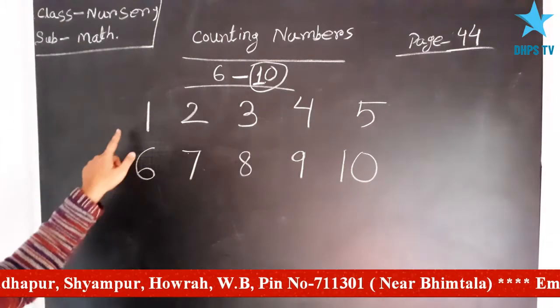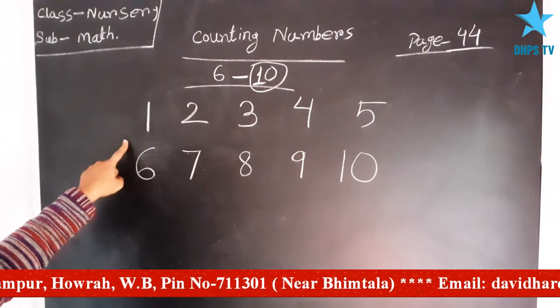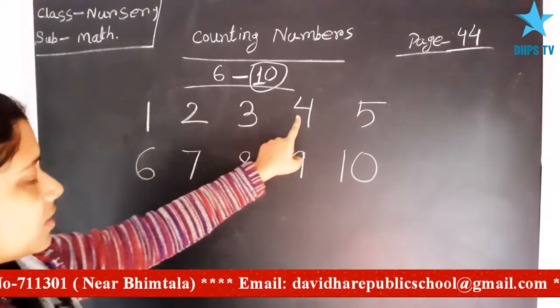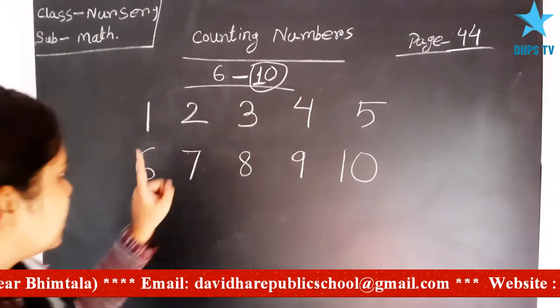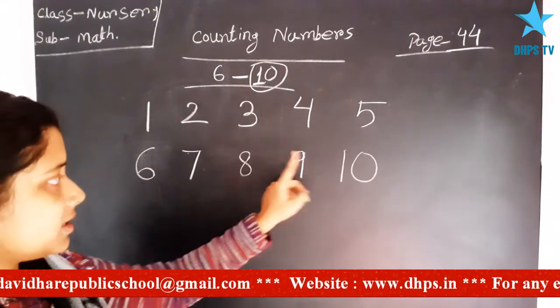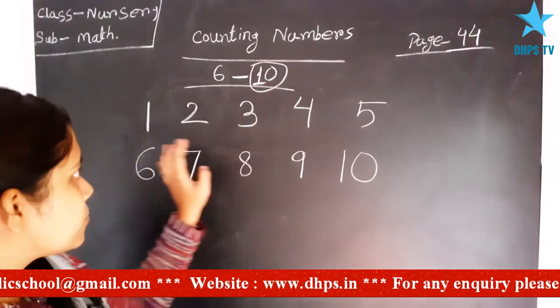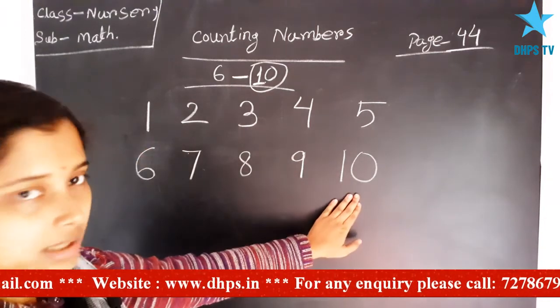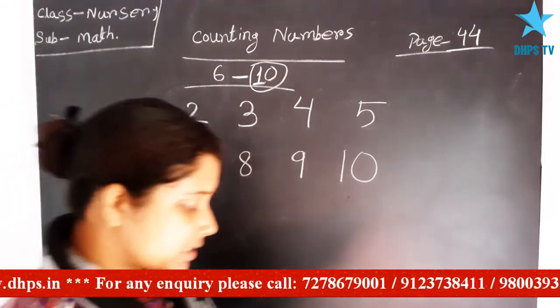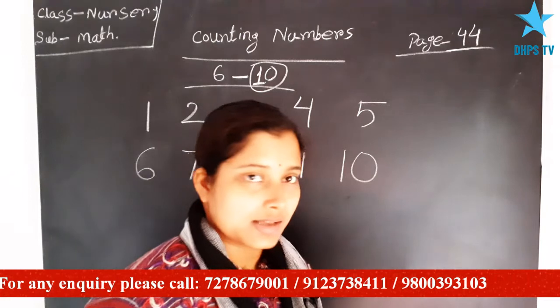So from 1 up to the number 10, all the counting numbers have been completed, and now your task is you have to practice all the numbers in your notebook regularly.